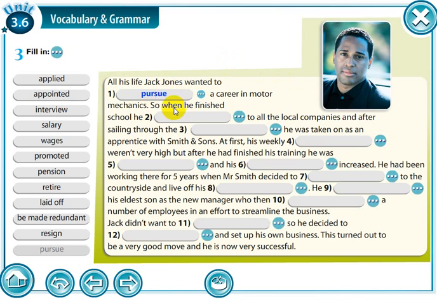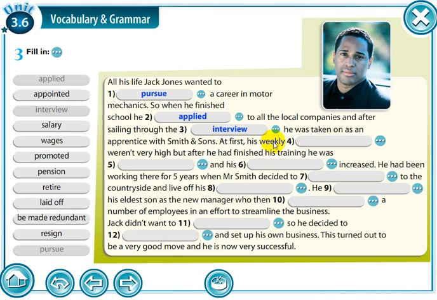So when he finished school, he applied to all the local companies. Of course, he applied, yes, to all the local companies. And after sailing through the interviews, he went to a lot of interviews. So after sailing through the interviews, he was taken on as an apprentice, like a helper only, an assistant with Smith and Sons.